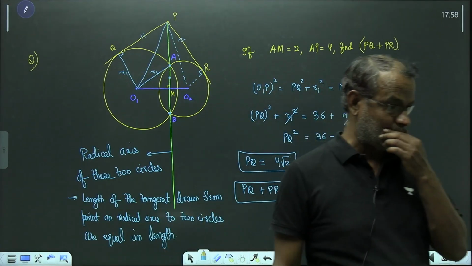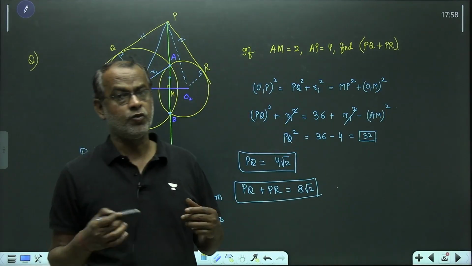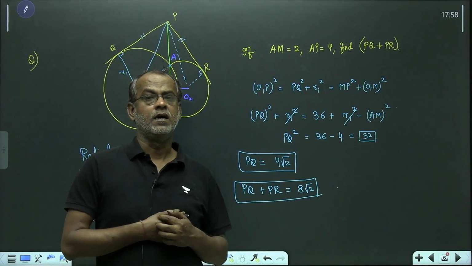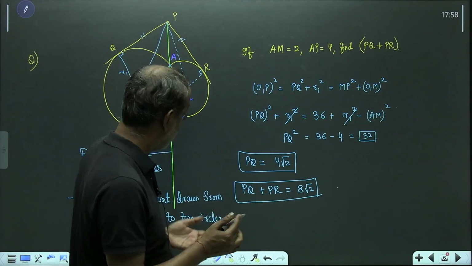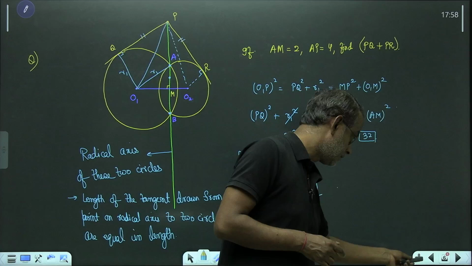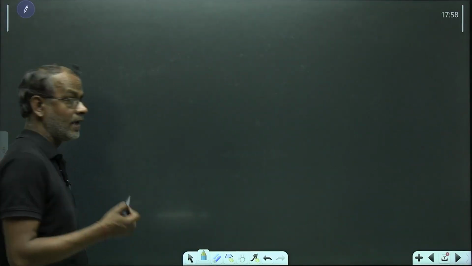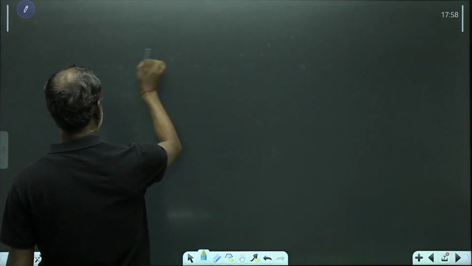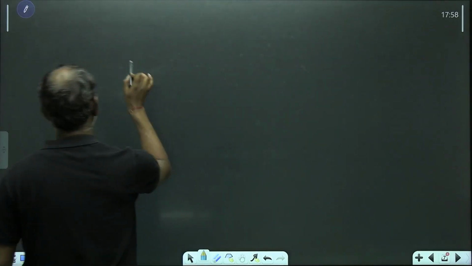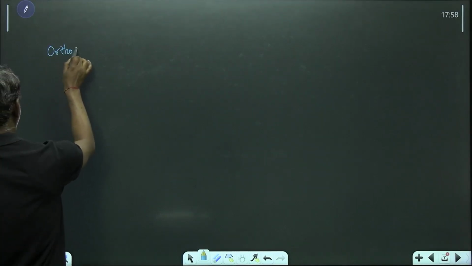Now, in so far as the theoretical content is concerned, we have tried to cover almost everything. Angle between the circles, or orthogonal circles, is when the angle is 90 degrees. For angle between circles we need trigonometry, so let me only tell you orthogonal circles.